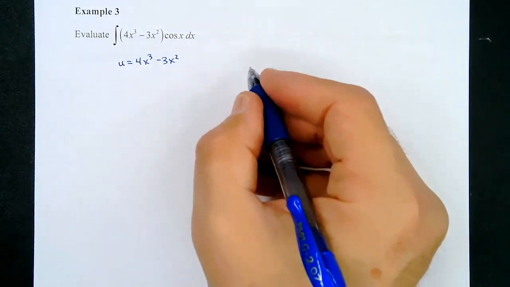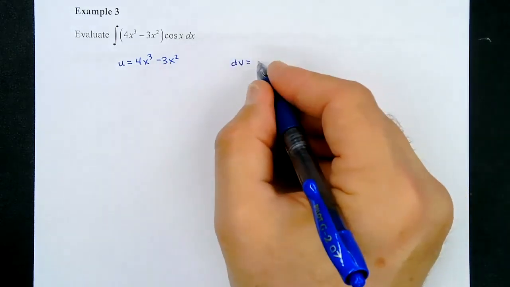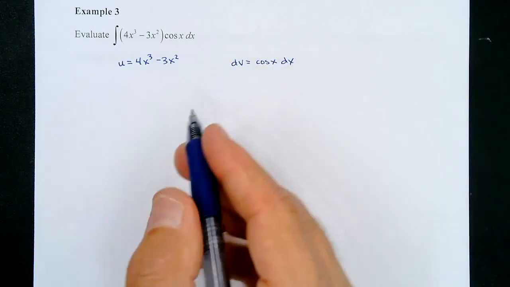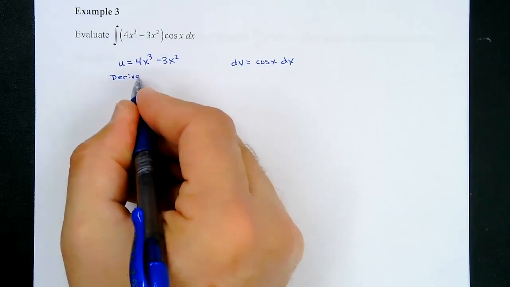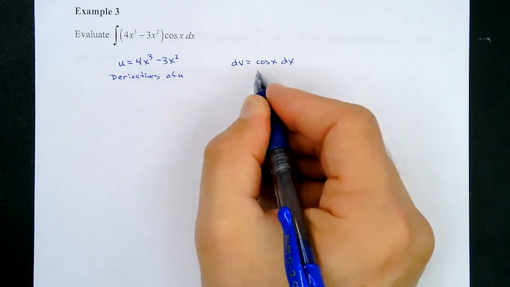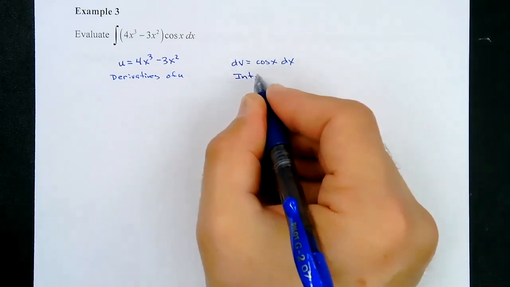And then our dv would be everything that's left over, which is cosine x dx. And then this is going to be the derivatives of u, and this one's going to be the integrals of dv. And that's how I'd set up my tables.